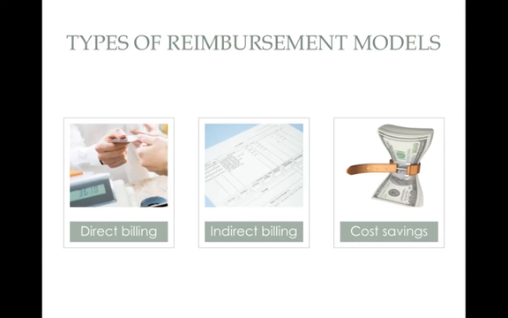Cost savings is not really a revenue model. An example is converting a patient from IV to PO medication sooner. The service avoids the cost that would be incurred because of the high expense of IV drugs compared to their oral equivalents. Many pharmacy services are based on this type of financial model.